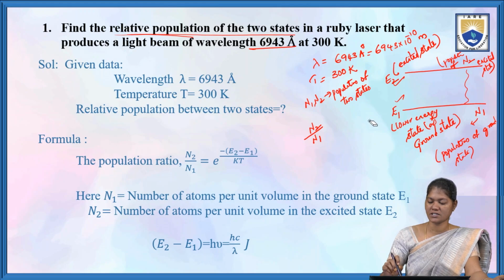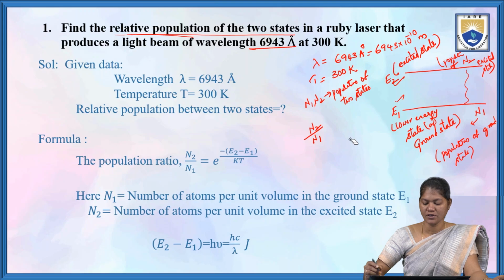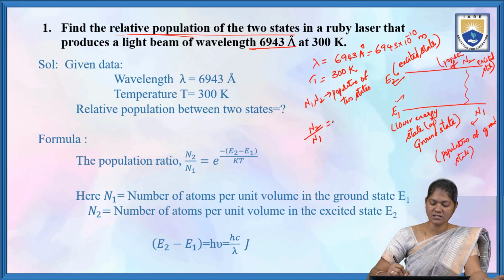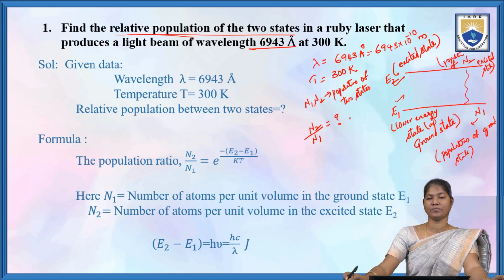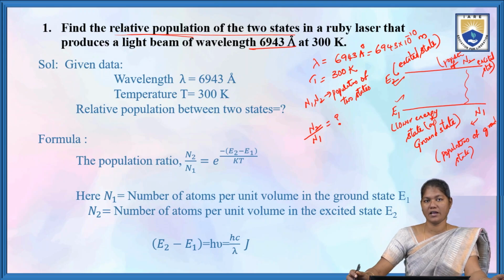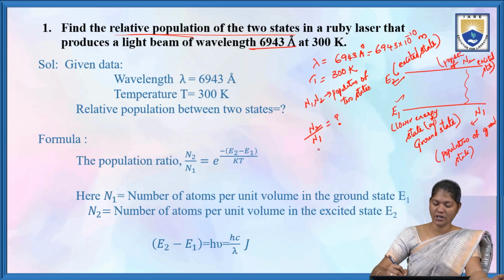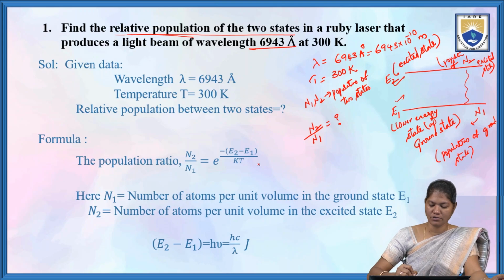So N2 is greater than N1 here, and we need to find this ratio of N2 and N1. The population ratio N2 by N1 is given by e power minus of (E2 minus E1) by KT.